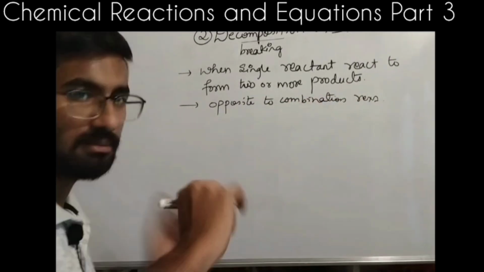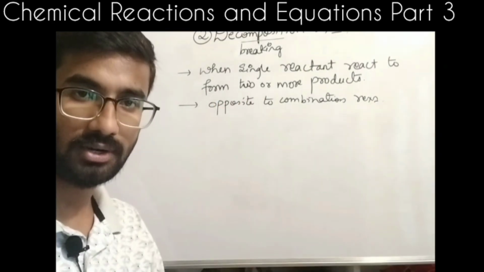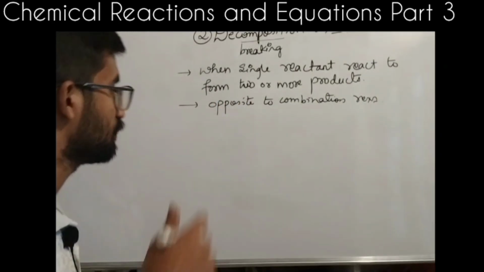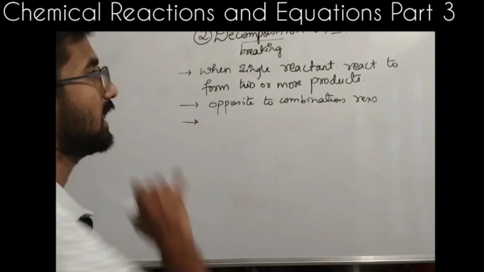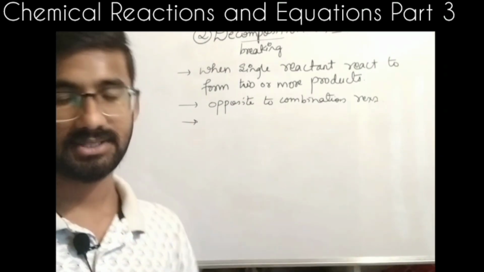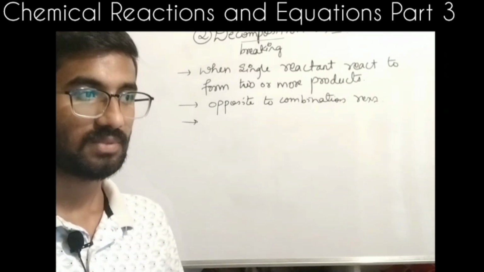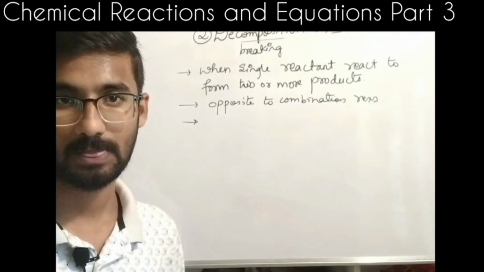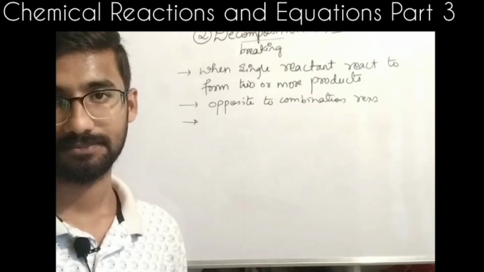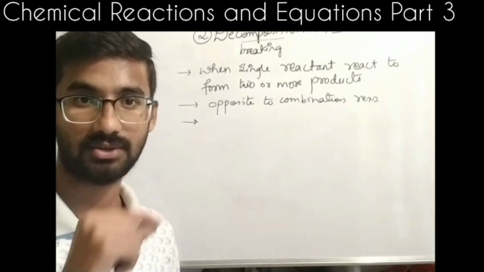If they ask for a 3 marks question, write a note on decomposition, you can add these points also. Decomposition reaction is always based on 3 major factors or forms: heat, electricity and sunlight.